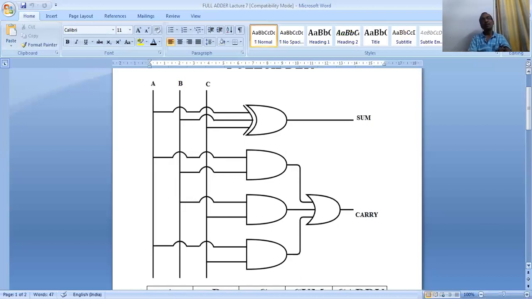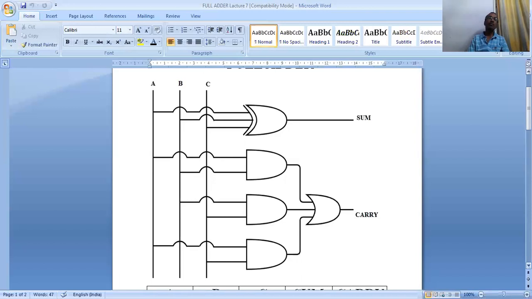Second, the output of the first AND gate: A equal to 0, B equal to 1, 0 multiplied by 1, output is 0. In the case of the second AND gate, B equal to 1, C equal to 0, 0 multiplied by 1, output of the second AND gate is 0.